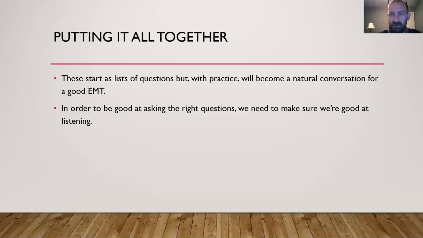Why do I have to do that again? People will get upset being asked the same information multiple times. They don't feel seen. They don't feel like they're being listened to, and that helps to erode the trust that we're trying to build. So being a good listener, paying attention to what they're saying, is super important.